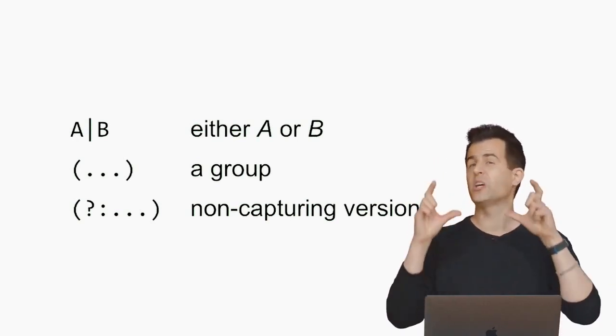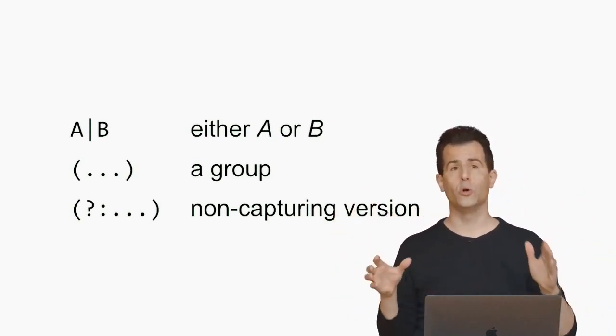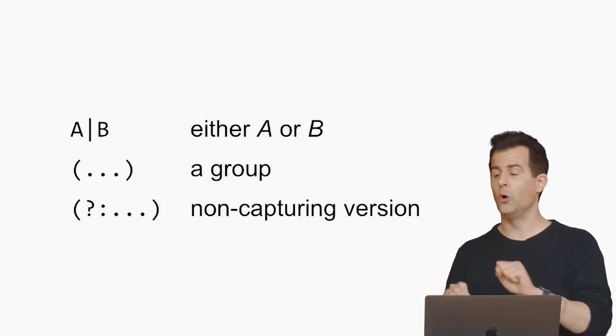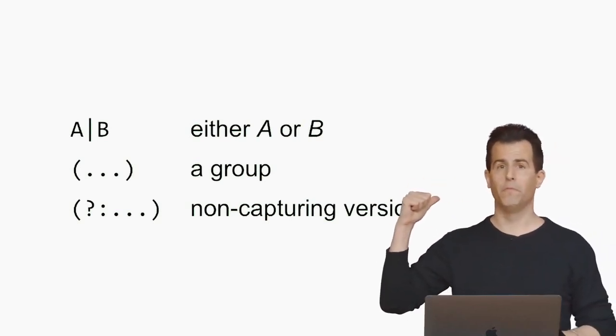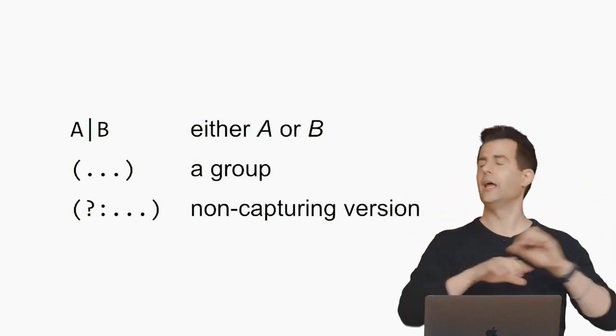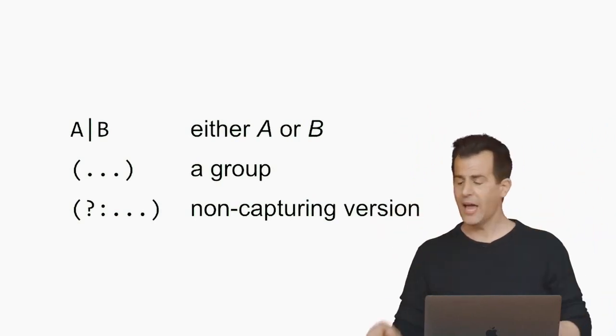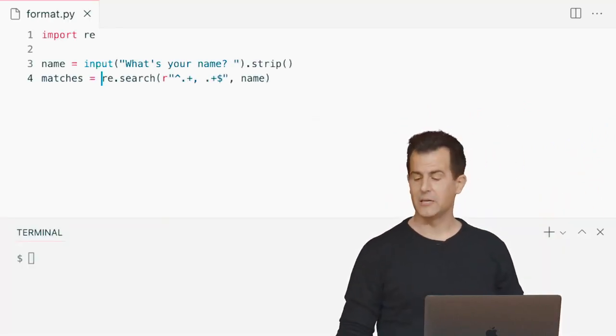It's going to allow you to extract specific amounts of information from the user's own input. You can reverse this process, too, by using the non-capturing version as well. You can use parentheses and then literally a question mark and a colon and then some other stuff, and that will say, don't bother capturing this. I just want to group things. But for now, we're going to use just the parentheses themselves.